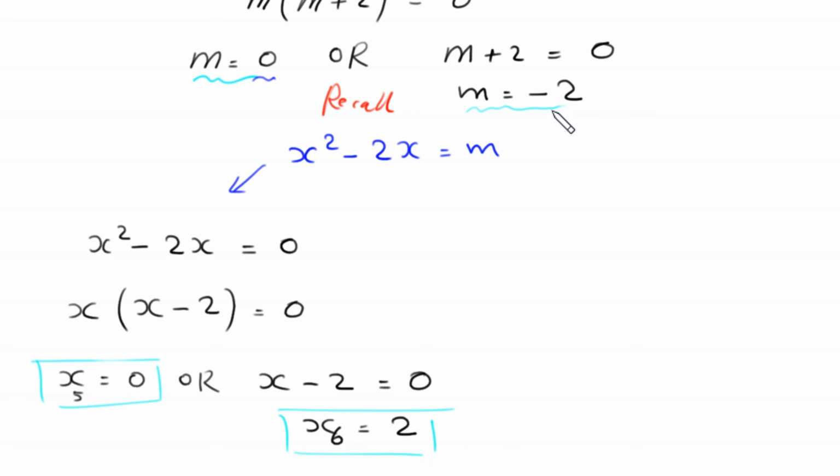Now when m is equal to negative 2, then this equation will become x squared minus 2 times x is equal to negative 2. Now we move this negative 2 to the left hand side, then x squared minus 2 times x plus 2 is equal to 0, and this quadratic equation is not factorable, so we solve it by quadratic formula.